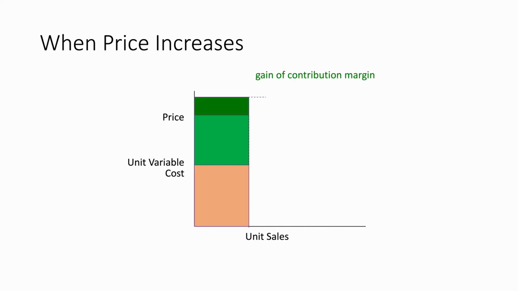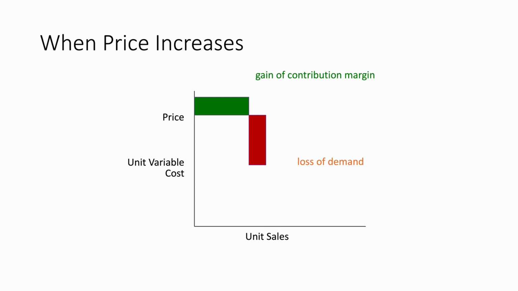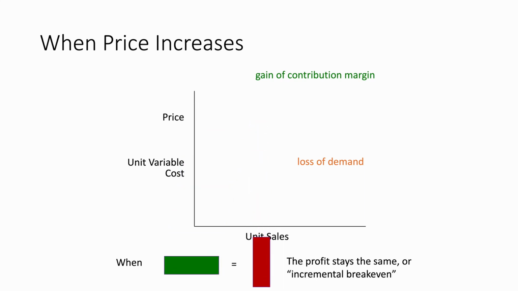The gain is from the price increase that leads to a gain of the contribution margin, and the loss is from the loss of demand. Again, we compare these two blocks of gains versus losses. When the gain is equal to the loss, the profit stays the same. We call that scenario incremental break-even. I hope these graphs help you understand the scenario more intuitively.